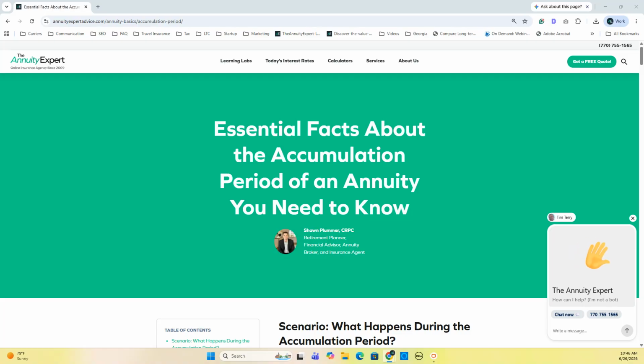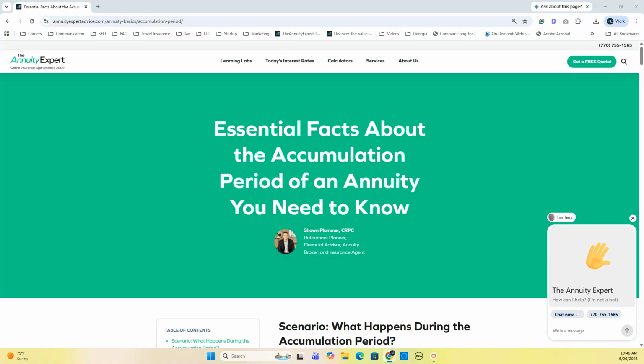So federal taxes, state taxes, if applicable. If it's a Roth IRA annuity, it's usually tax-free, assuming that you have followed the IRS rules. Otherwise, it's just going to be taxed as if you were still working, right? Federal, state taxes.